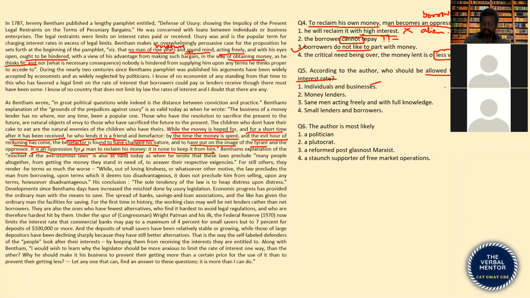So who should be allowed to borrow and lend at any interest rate? Anyone who's of sane mind. Correct answer option 3. Sane men acting freely and with full knowledge.